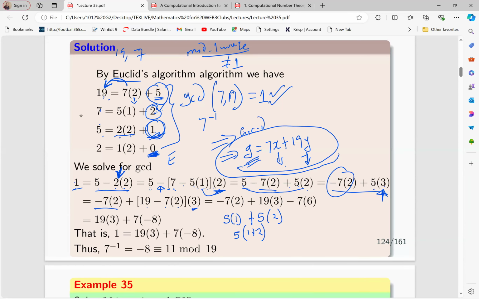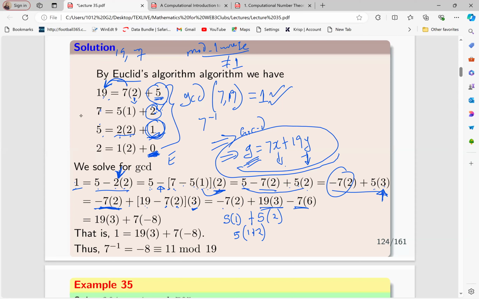Again, you open this bracket. There's a positive sign, and there's this 3. So you begin with negative 7 multiplied by 2. But now 3 multiplied by 19 is here. And then 3 multiplied by 2 here will be 6, then multiplied by 7. Then collect like terms again.